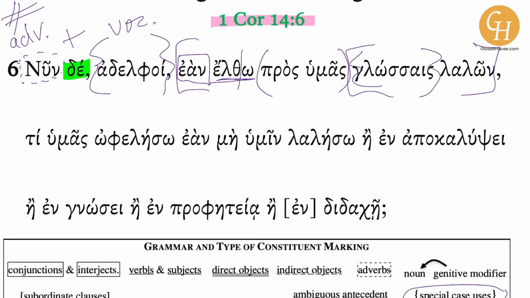So this is another subordinate clause. I'm going to go ahead and put it in a different color ink. This is postpositioned to the main verb. So the main verb is eltho. And then you have this participle, lalon, which is a circumstantial participle. It has no article with it. And all it has with it is glossais, which is a dative of means, speaking in languages.